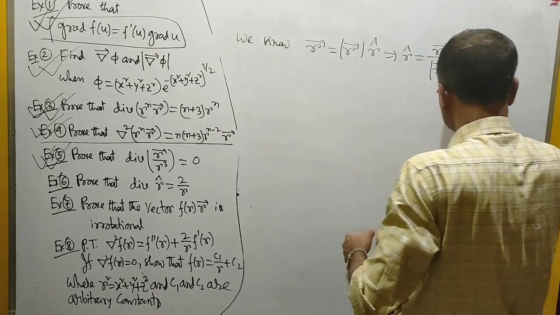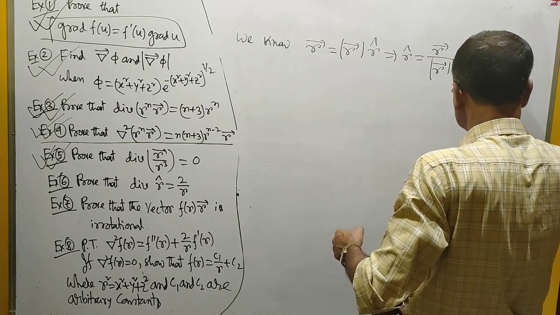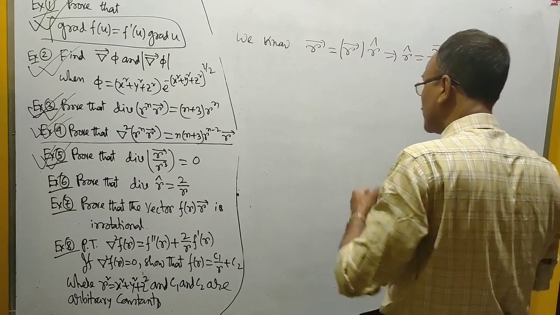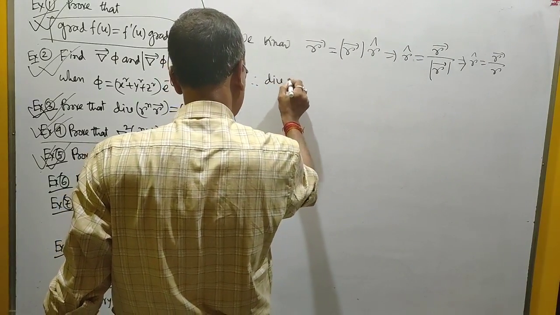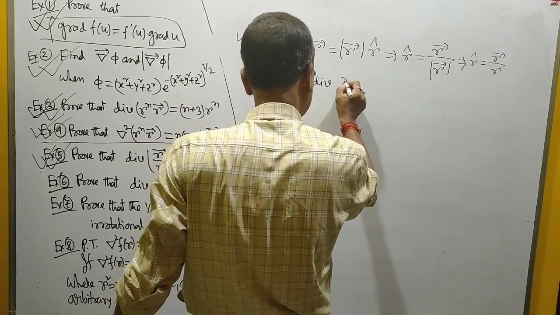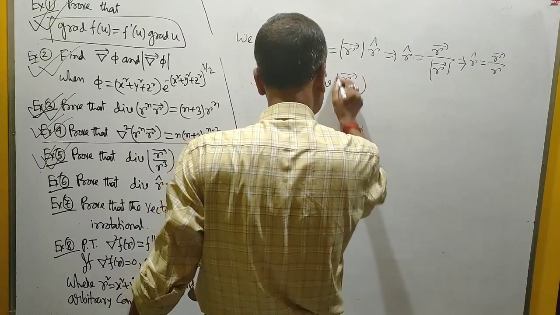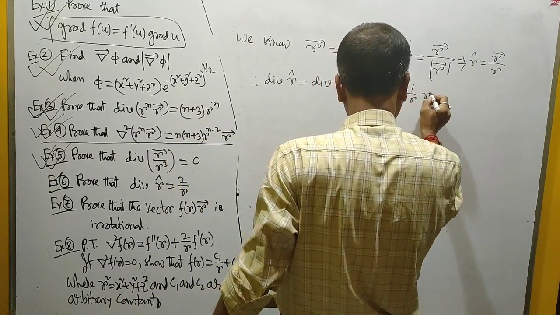This means r cap equals r vector divided by r. Therefore, divergence of r cap equals divergence of r vector by r, equal to divergence of 1 by r times r vector.